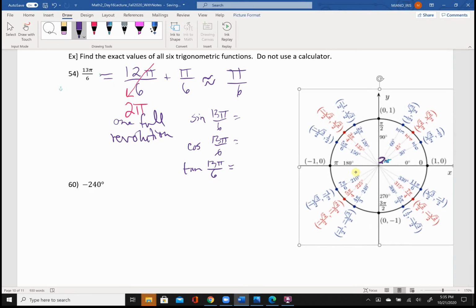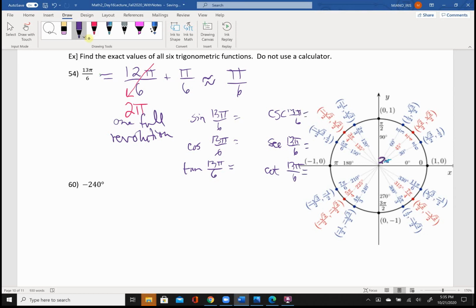And then we'll have the other ones right here. So cosecant, 13 pi over 6. Oh, pi goes here, 6 goes down below. Gosh, I'm tired. Okay, we'll get through this, guys, promise. Secant, 13 pi over 6. And then cotangent, 13 pi over 6.